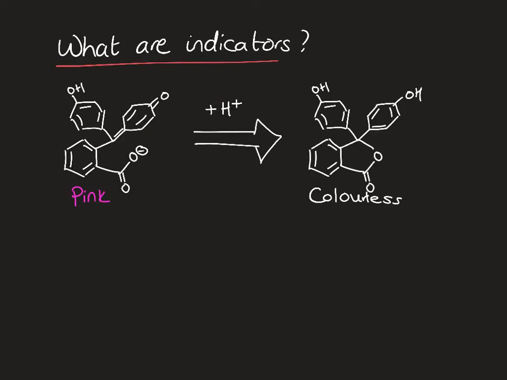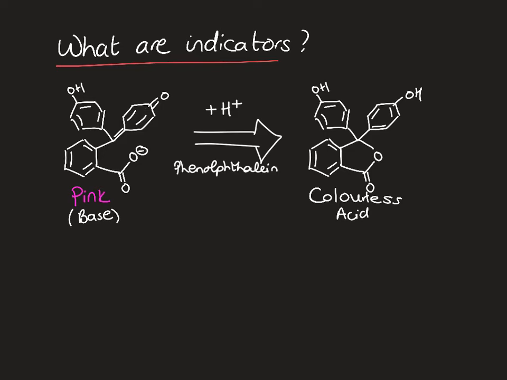First, we need to define what indicators actually are. The chemical structure that I've drawn for you here is phenolphthalein, which is an indicator you've used lots of times before. And you might remember that it is pink when it is in base, and it is colourless when it's in acid.